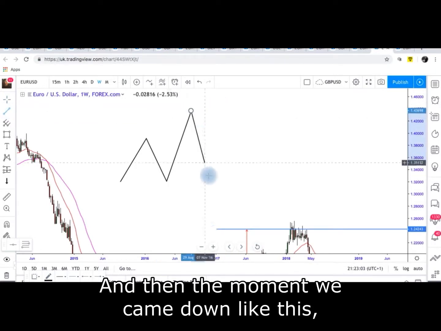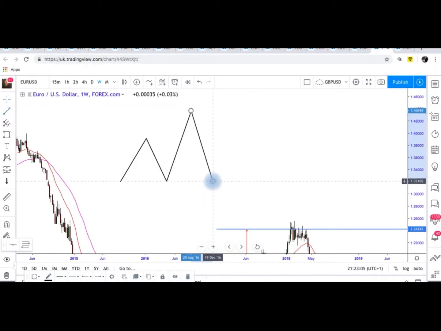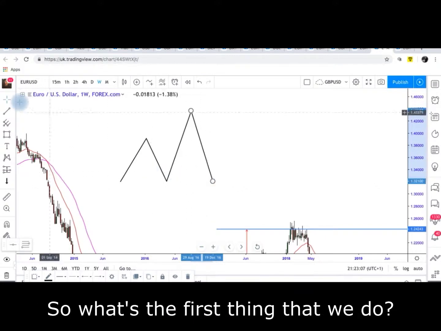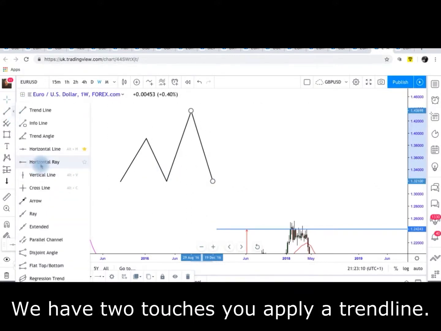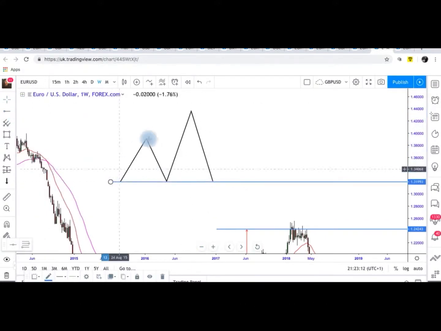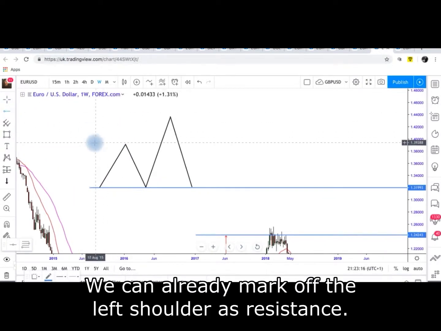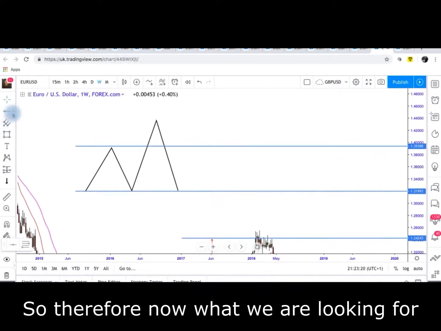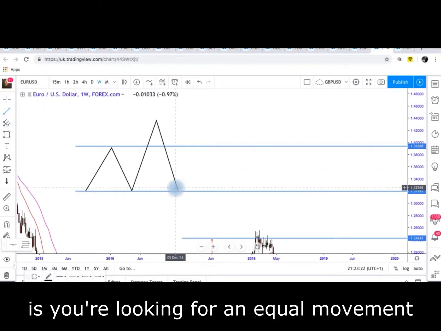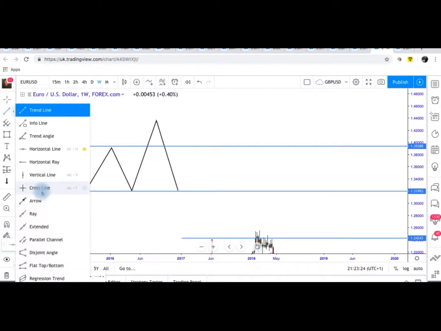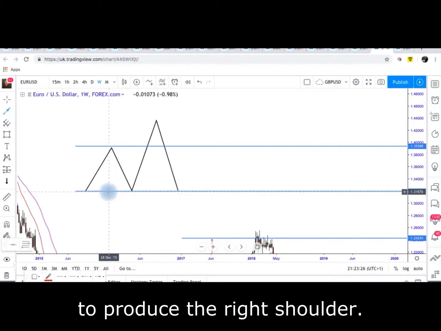And then the moment we came down like this, we confirm that we have our 2 touches. So what's the first thing that we do when we have 2 touches? We apply a trend line. We can already mark off the left shoulder as resistance. So therefore now what we are looking for is an equal movement to produce the right shoulder.